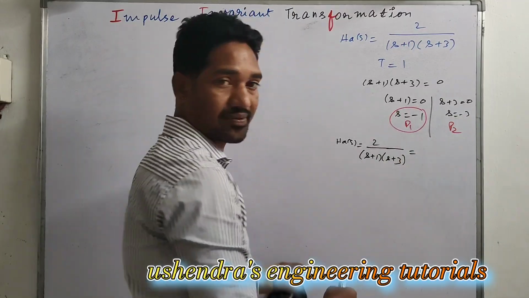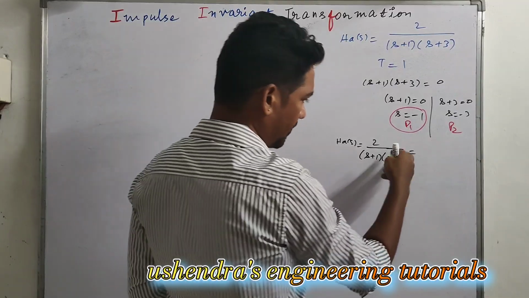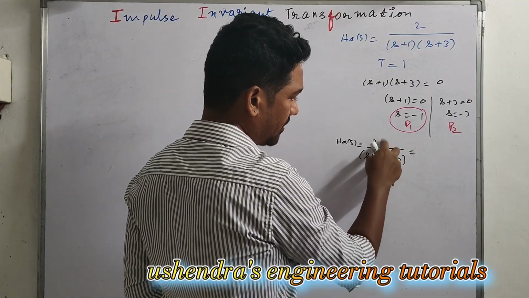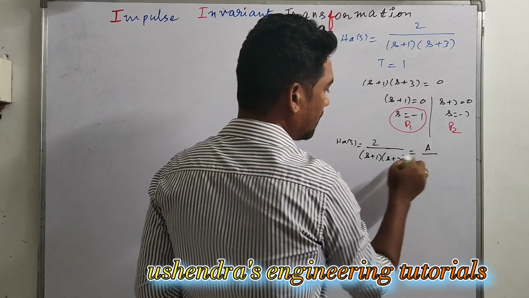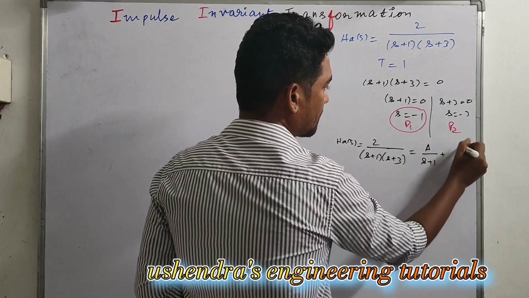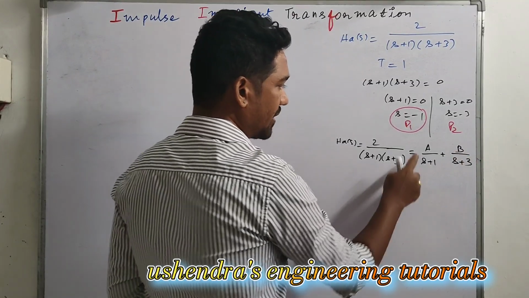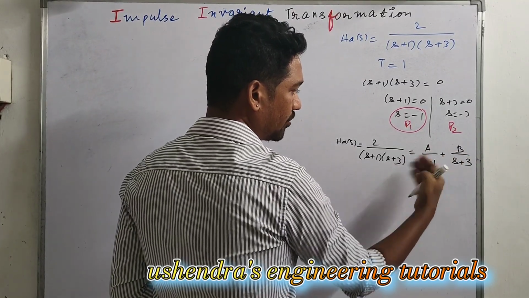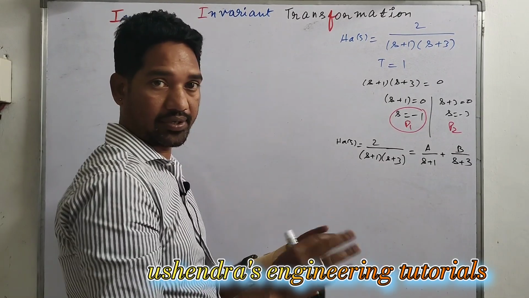Poles are at different places and simple; it's not complex. So how do we split this transfer function into partial fractions? For simple and distinct poles: A upon (s plus 1) plus B upon (s plus 3). And we need to evaluate the A value and B value individually, then apply the Laplace transform conversion relationship we have.